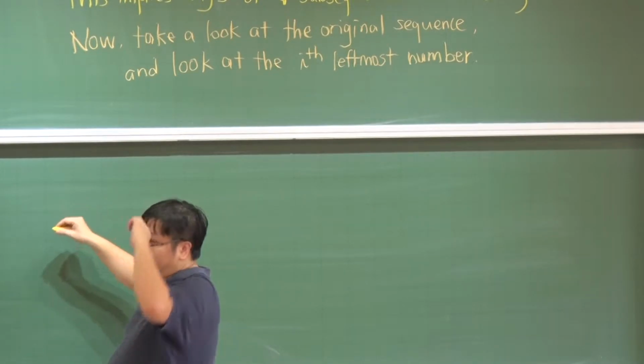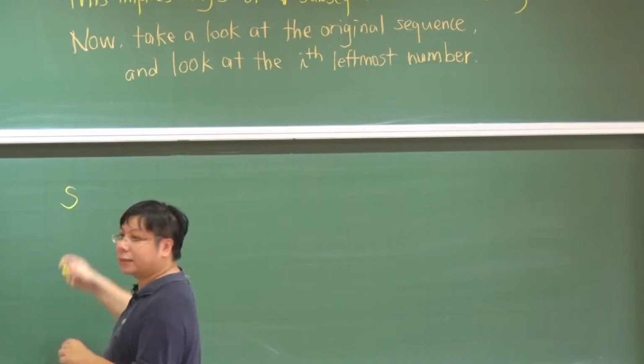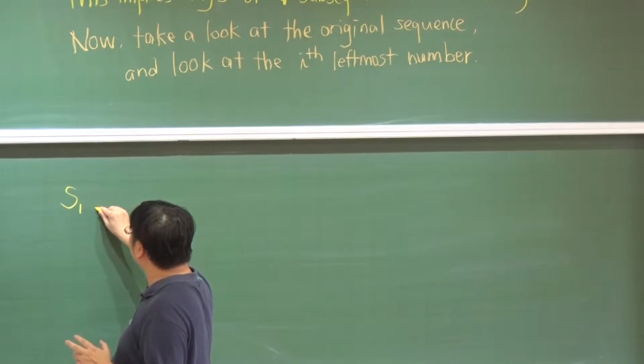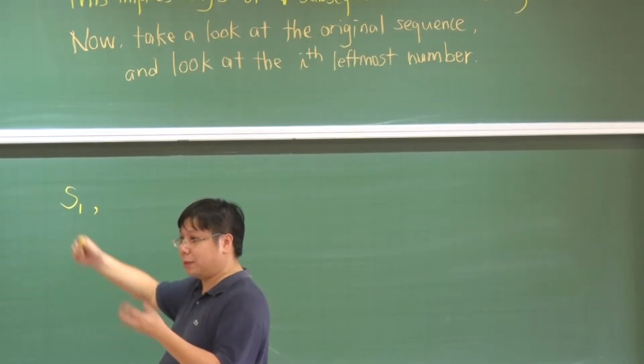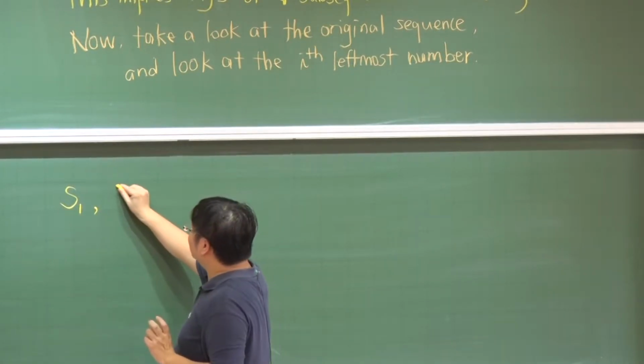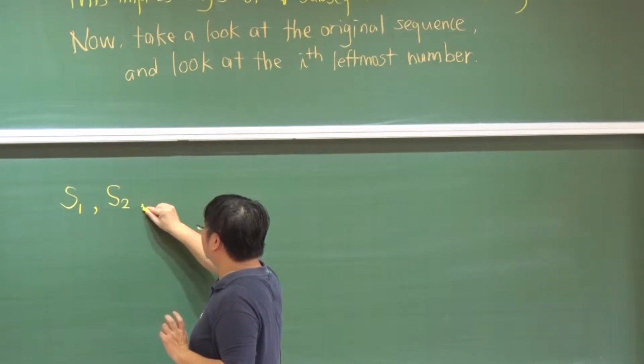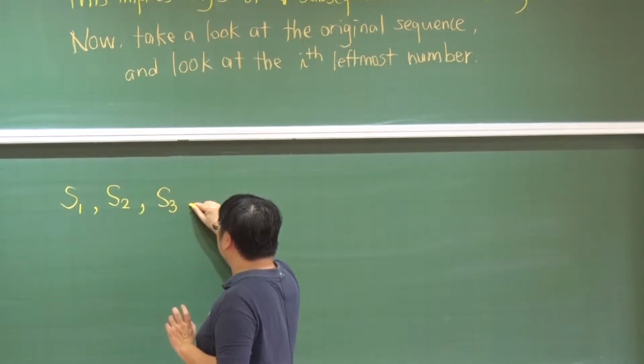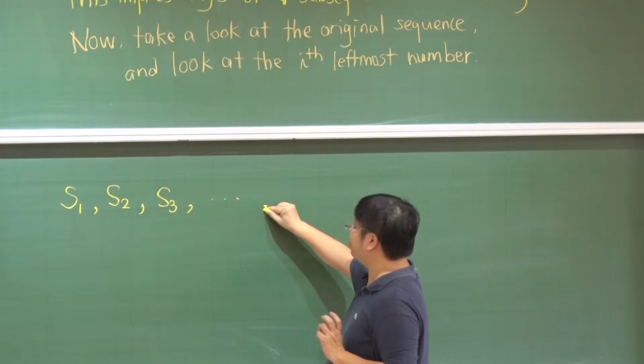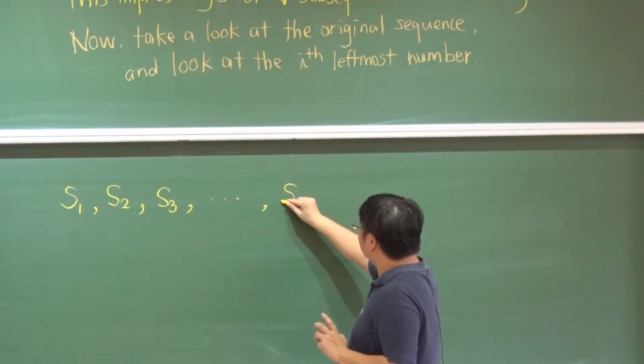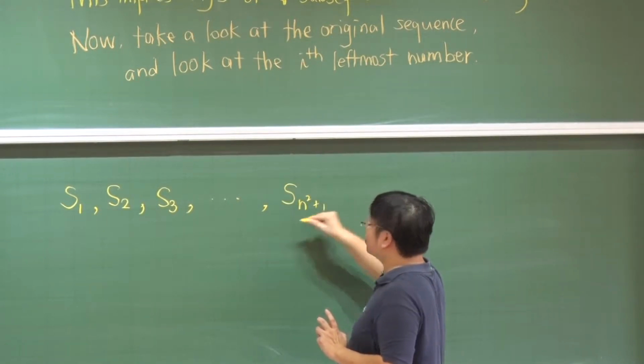Let's call the first number S1. I don't know what the value of S1 is, but let's call it S1. The next number, let's call it S2, and then S3, and so on. How many numbers are there? There are n squared plus 1 numbers. So these are all the numbers.